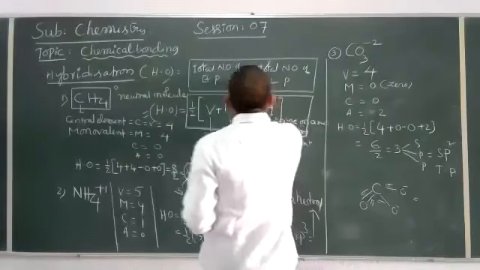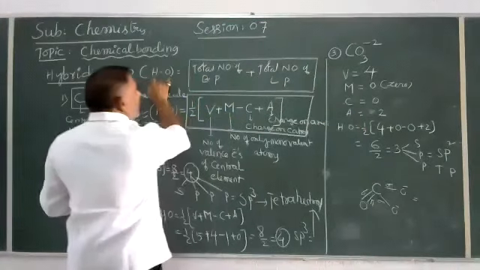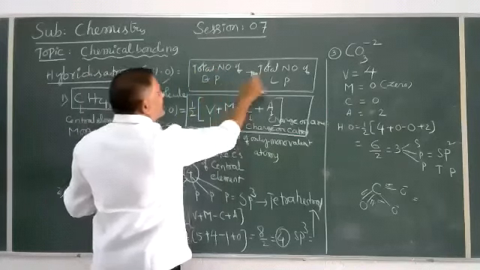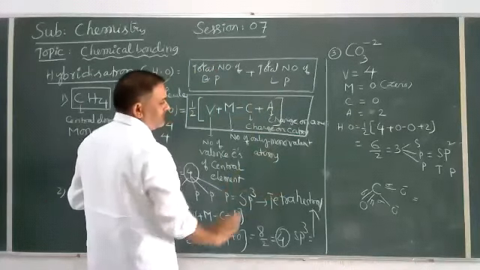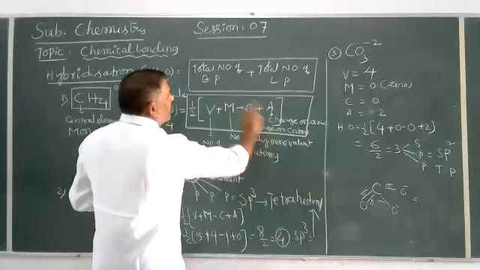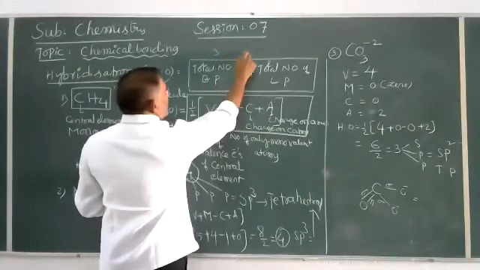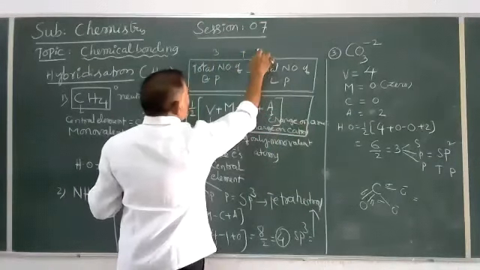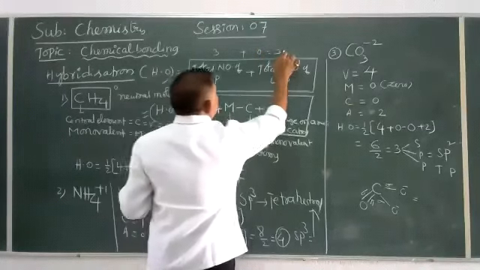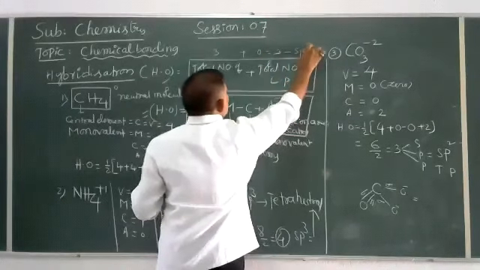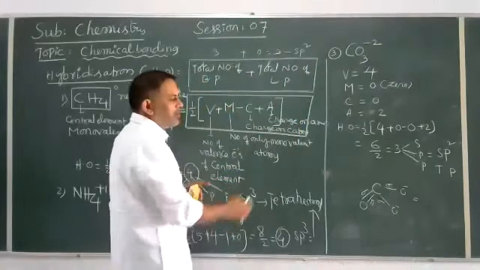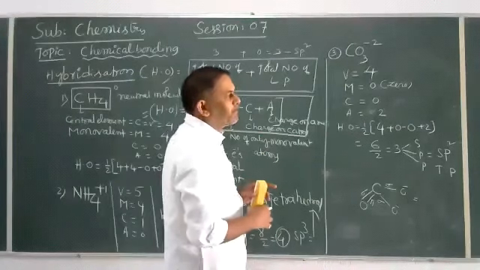By using the number of hybrid orbitals, we can work out the total number of bond pairs and lone pairs. Here the bond pairs are 3, lone pairs are 0, total 3. Its hybridization is sp2, and its geometry is trigonal planar.